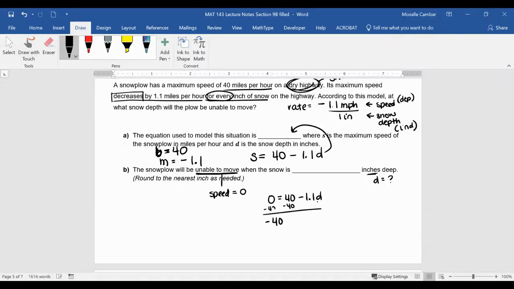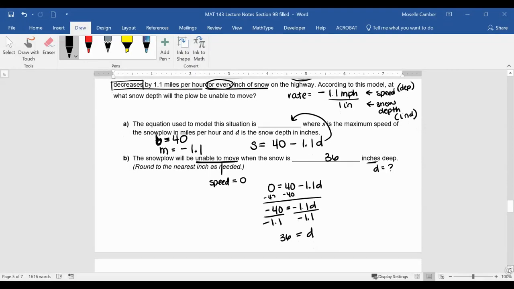So I have a negative 40 equals a negative 1.1d, so I need to divide both sides by negative 1.1, and I get a d of 36. So the snowplow will be unable to move if the snow is 36 inches deep, which we can say from Model 1 that is 3 feet. So if it's 3 feet deep, the snowplow would not be able to move in it.